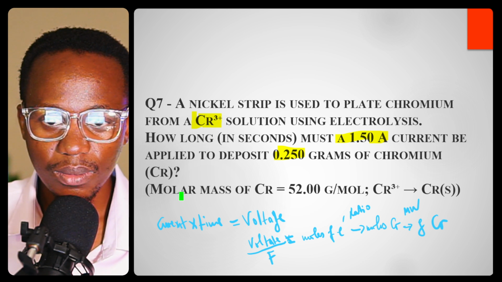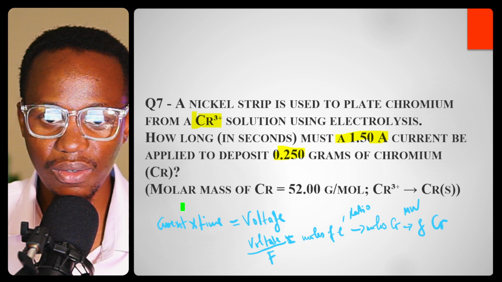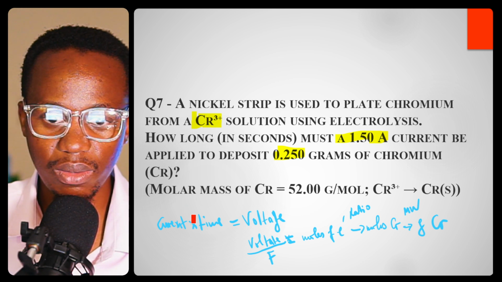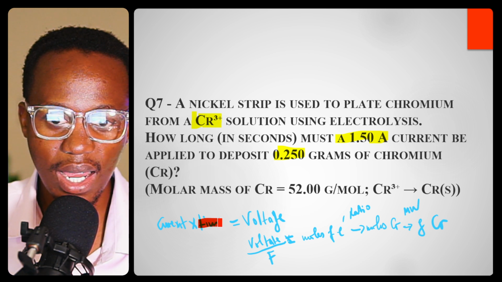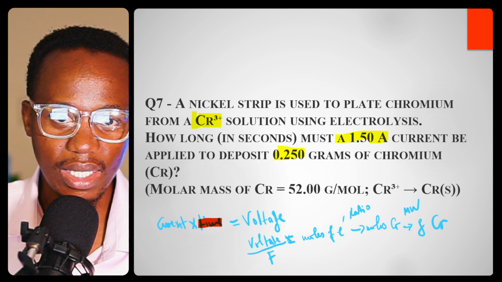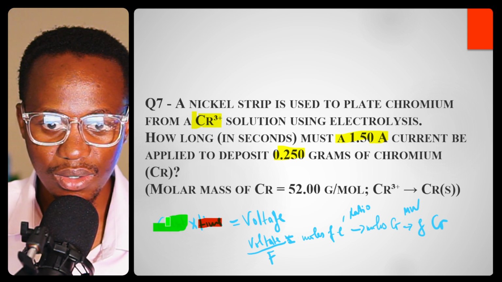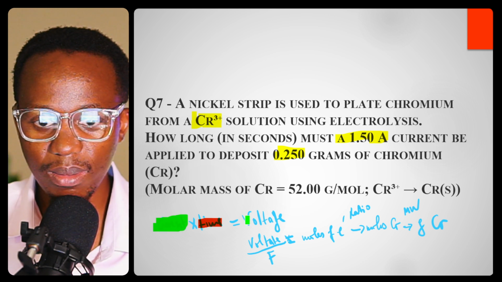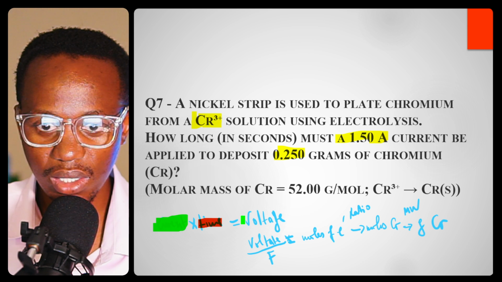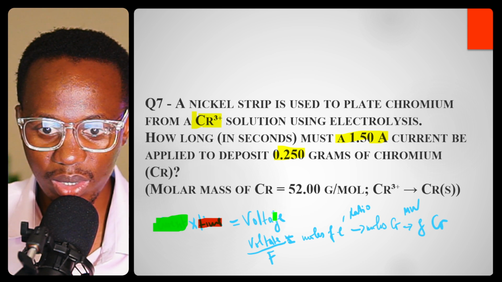They're asking for time, so let me put it in red. They're asking for time, and they gave you the current. So if you have the current and they're asking for time, that means you need to find the charge. We don't have it, but guess what?